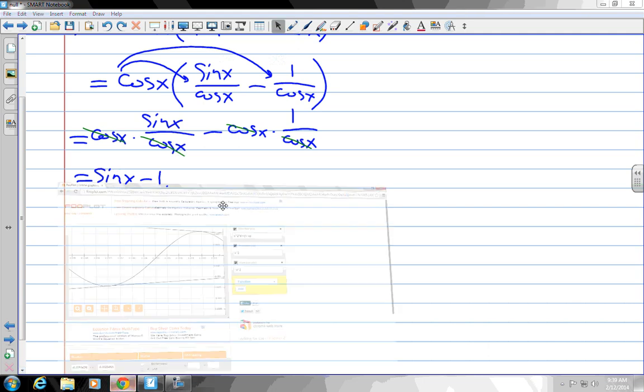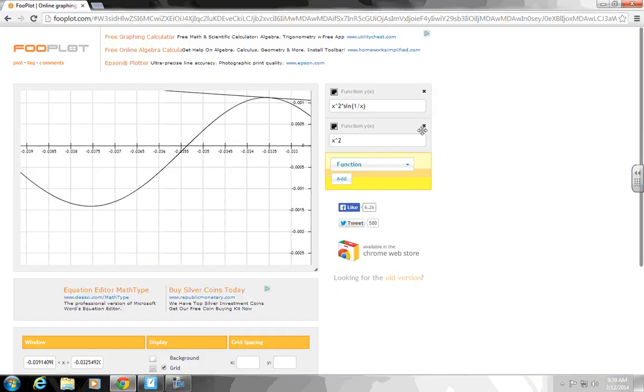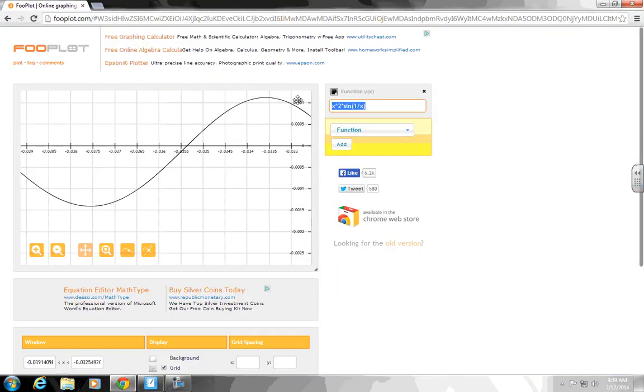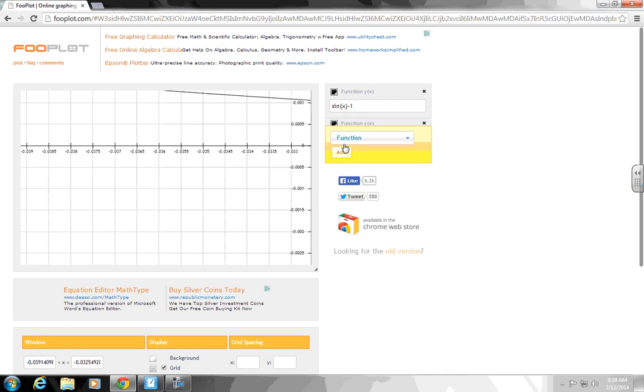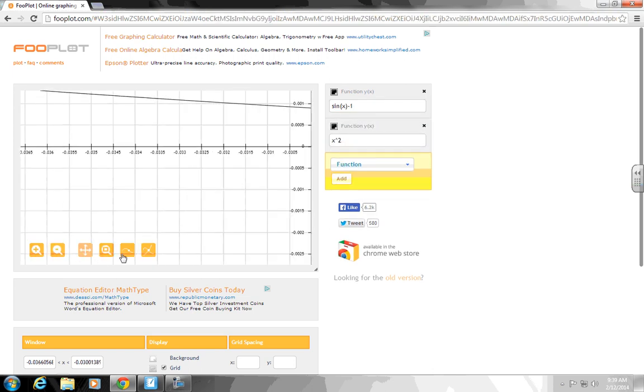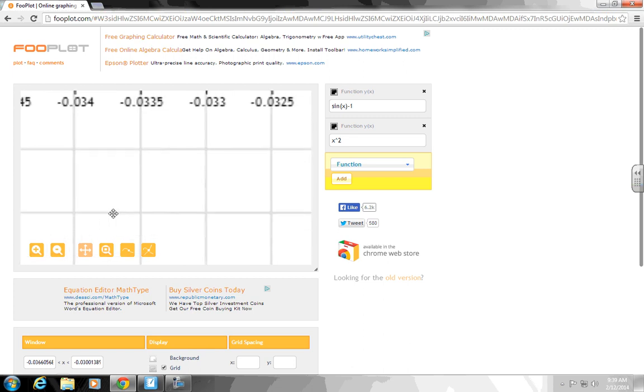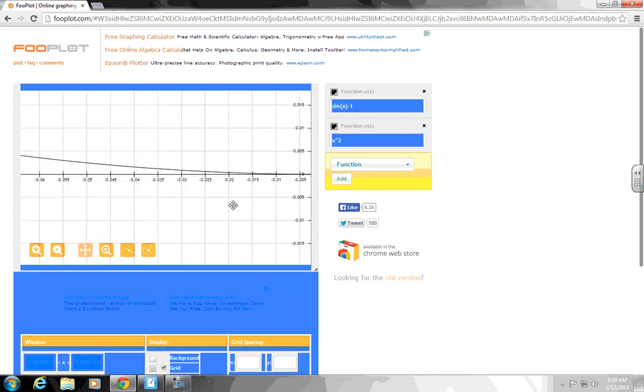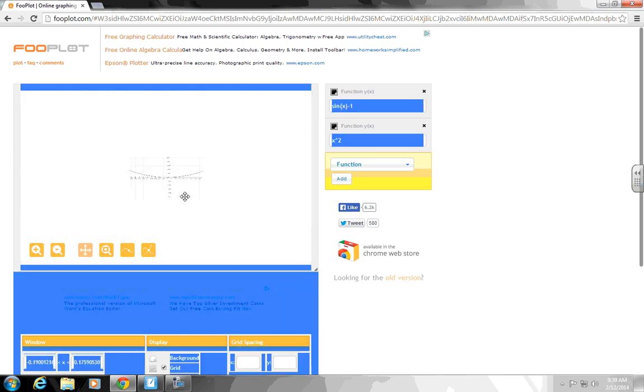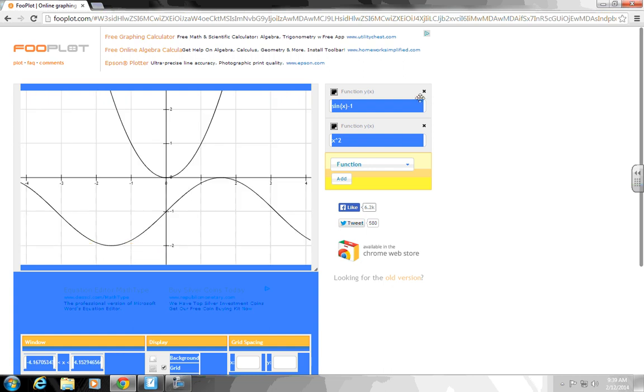If I actually type this in, because I missed the graph before. Here the parabola.